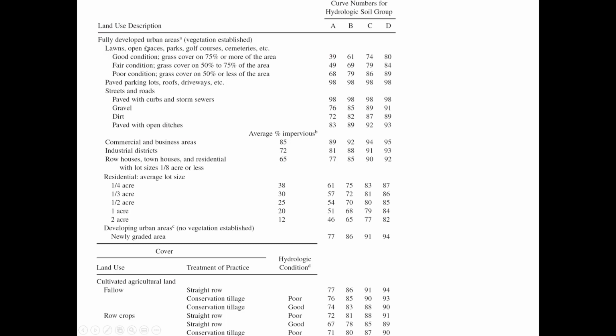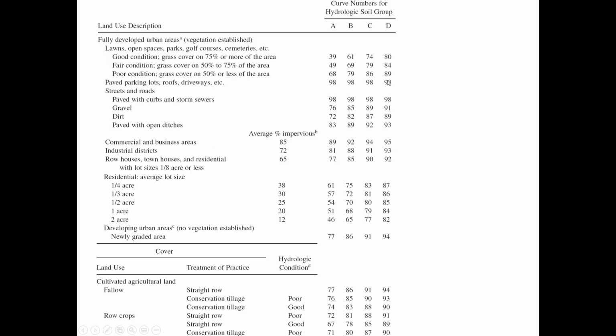So it's not natural land anymore. It's been disturbed from its original, but lawns will have relatively low curve numbers. But if you look at paved areas like roads, roofs, and driveways, you'd use a relatively high curve number. And there's no curve number that's higher than 98.